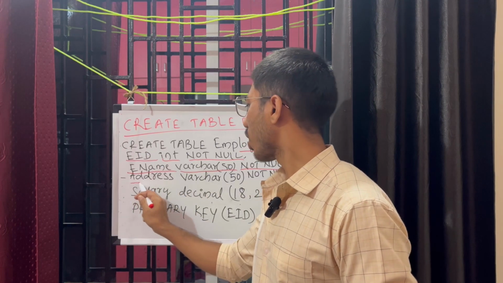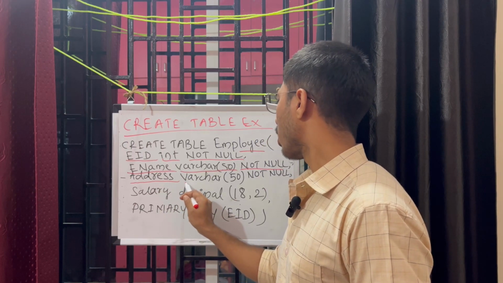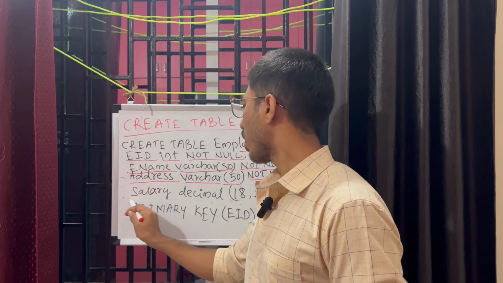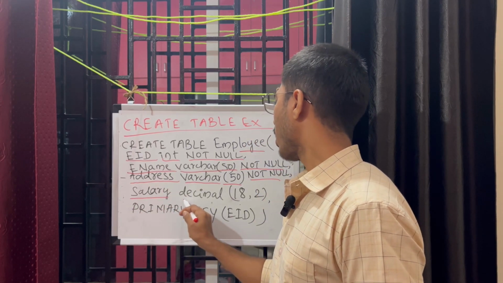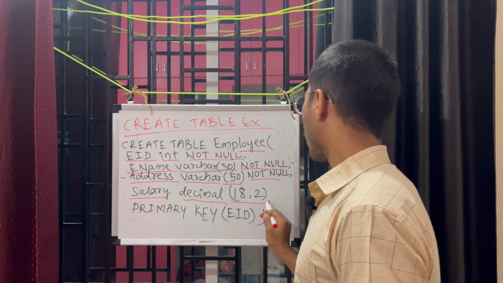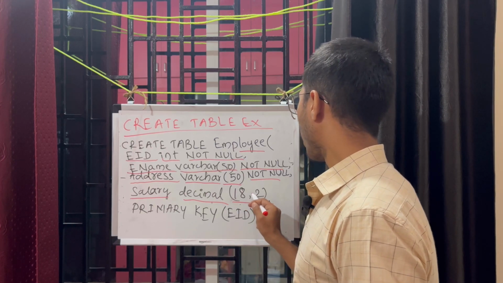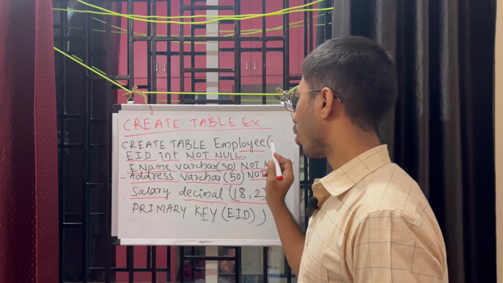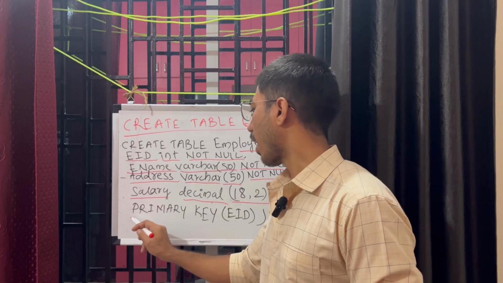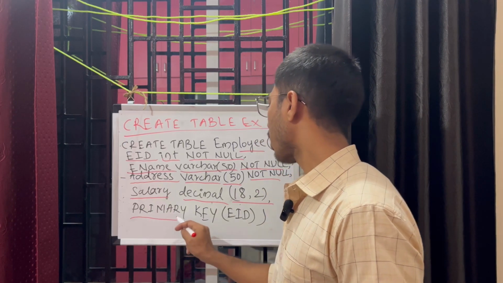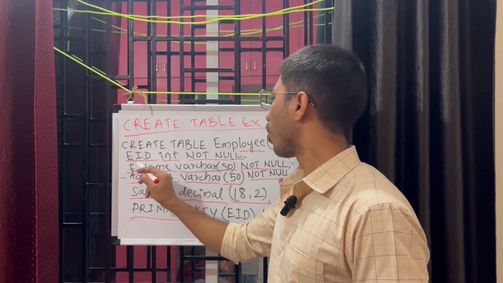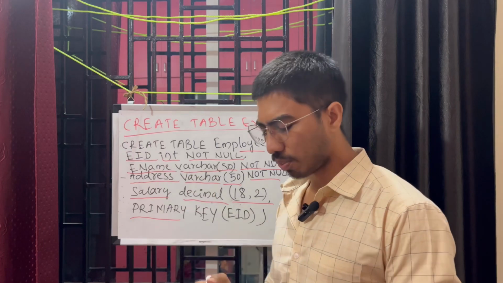The next attribute is address, which is also varchar(50) not null. The next one is the salary column. Salary is decimal(18,2), meaning after the digits there should be 2 decimal places. And at last I am writing primary key in the bracket, employee ID. That means employee ID will be the primary key.